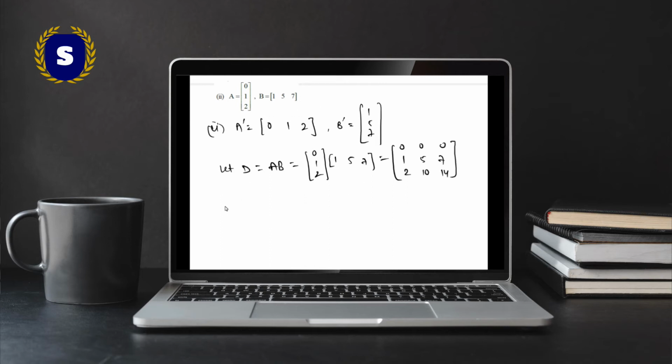So LHS was AB whole transpose, which is equal to D transpose. That comes out to be 0, 0, 0, 1, 5, 7, 2, 10, 14. And for the RHS, we need to calculate B transpose multiplied by A transpose.